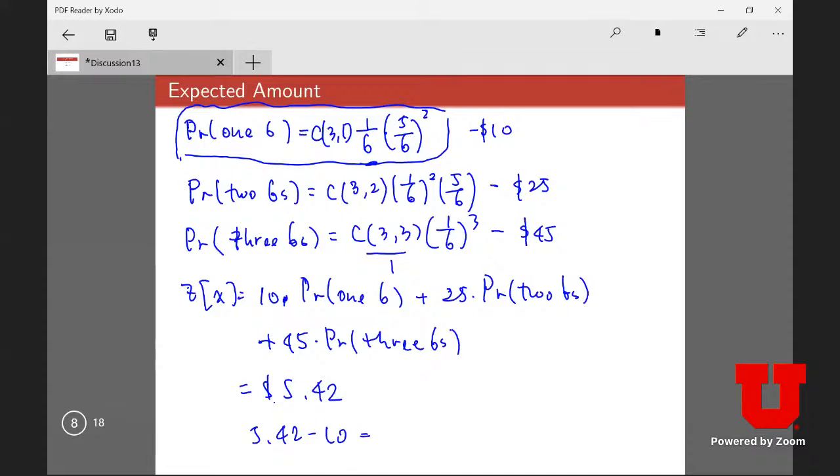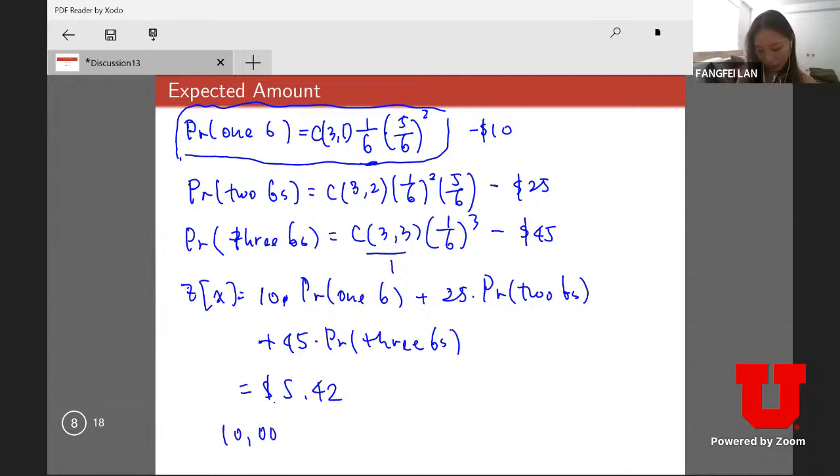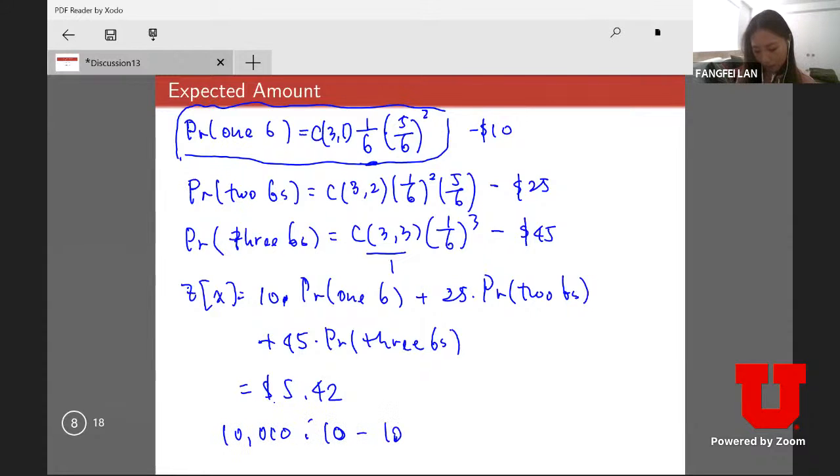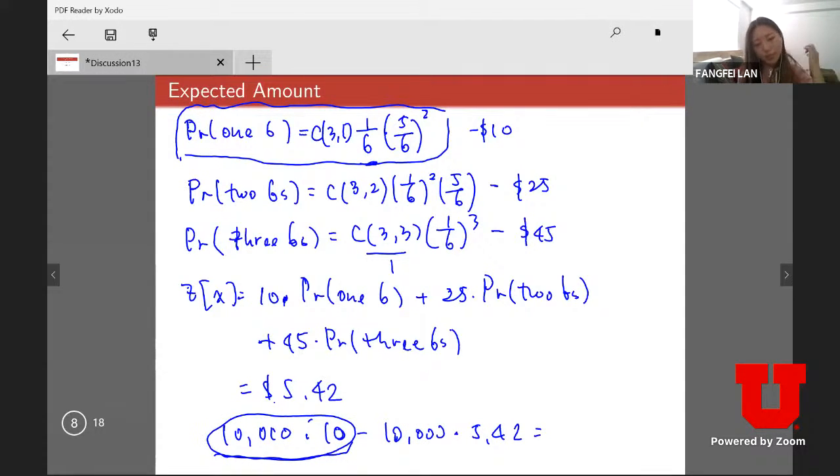Could you do 10,000 times 10 minus 10,000 times $5.42? Yep, that's fine. Because this is the amount that the players pay during 10,000 games, and this is the amount that the casino pays the players.